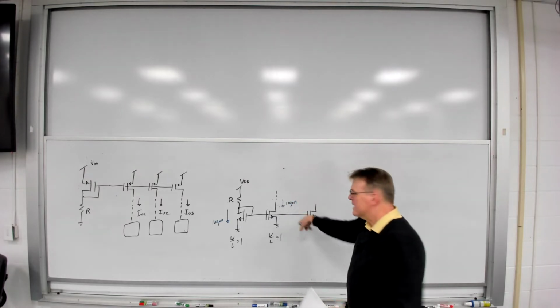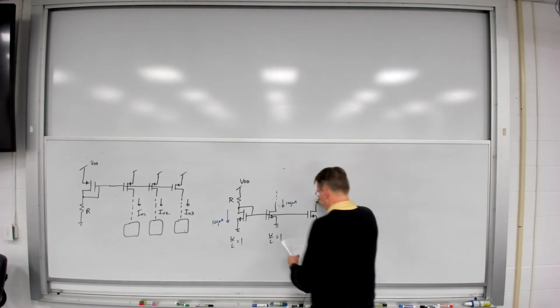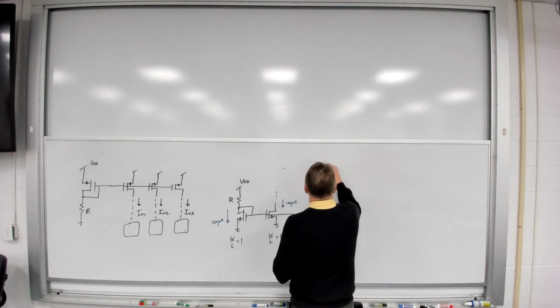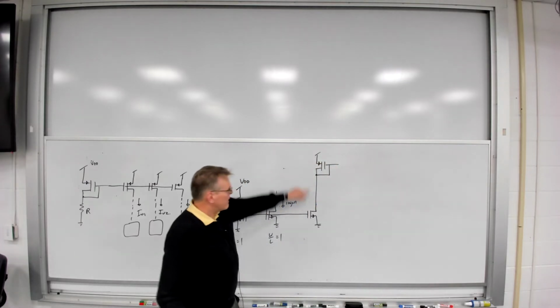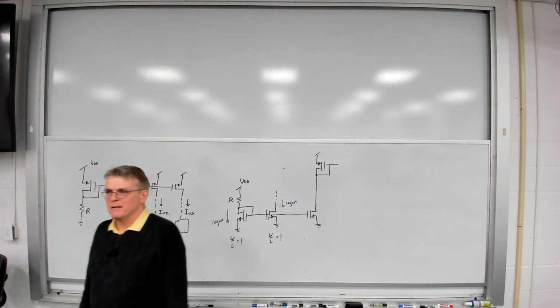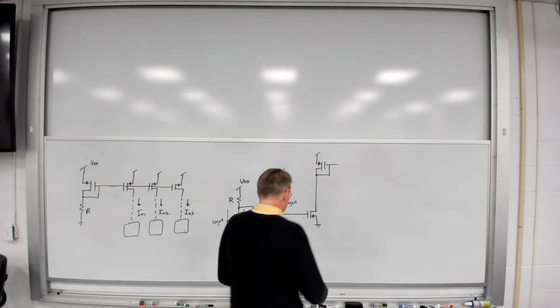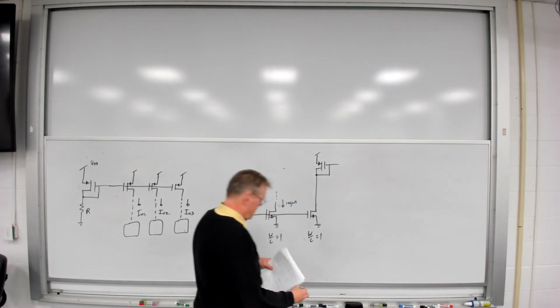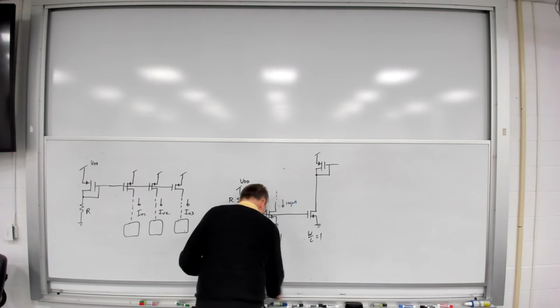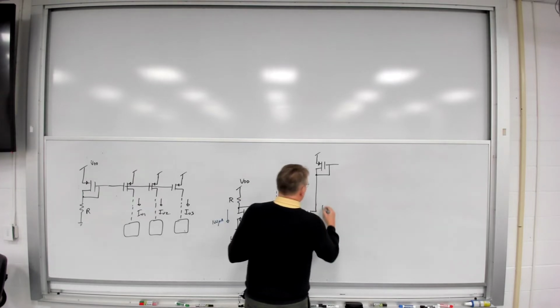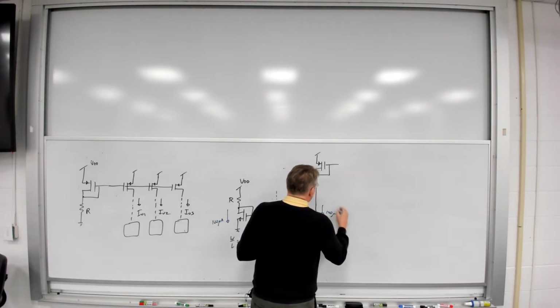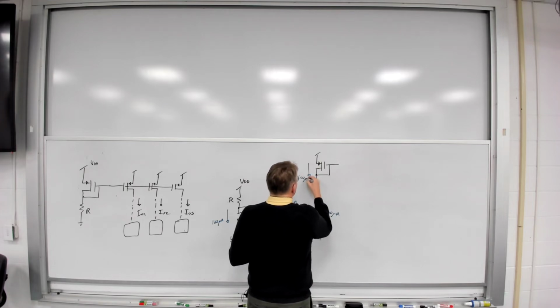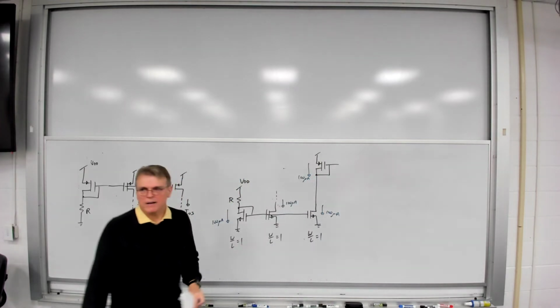Let's go over here and let's add another device and watch what I do here. This device is now connected to a diode-connected PFET. And so in this case, width to length ratio here is equal to 1, which means that I've got 100 microamps and 100 microamps flowing through both those devices.